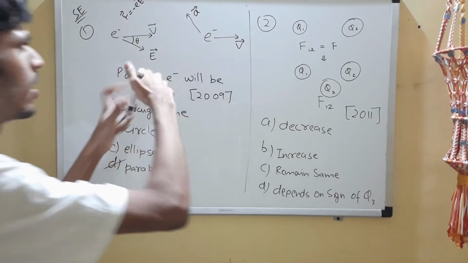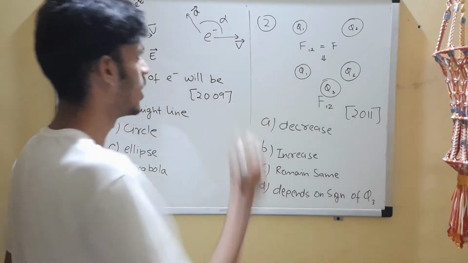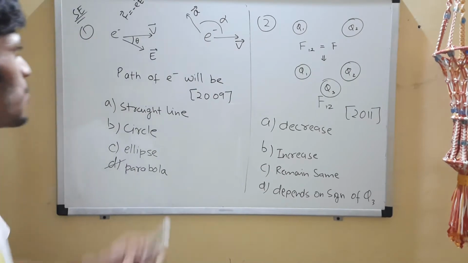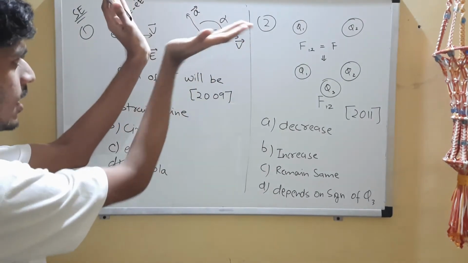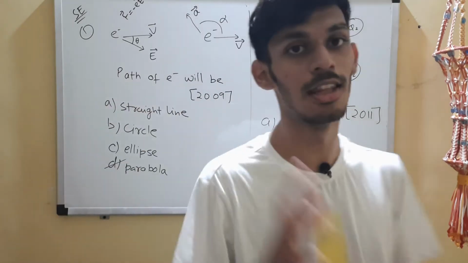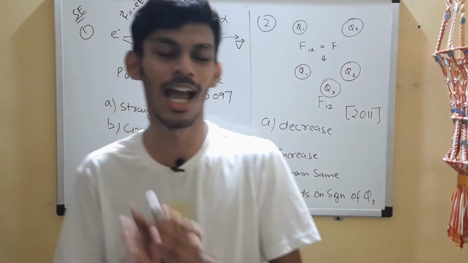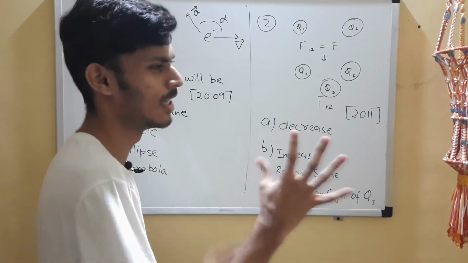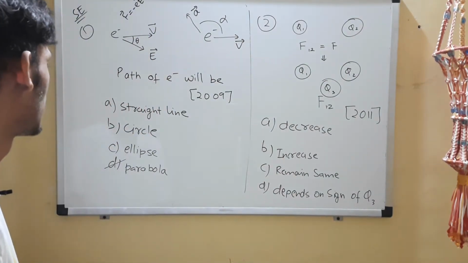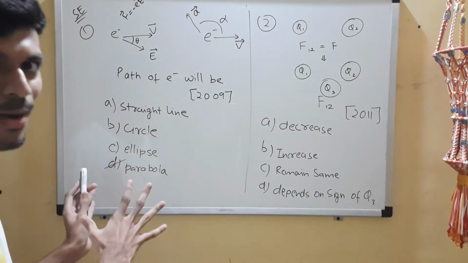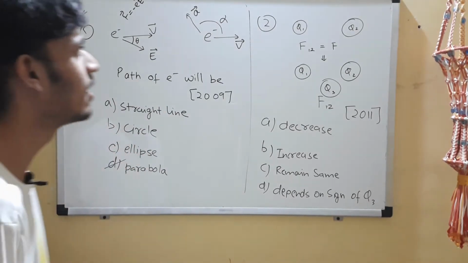You can see this alpha is not equal to 180 degree or 0 degree. So when the acceleration and initial velocity vector make an oblique angle with each other, the path is parabolic. I mentioned this in the very introductory lecture of motion in 2 dimensions. So here the path of this electron will be nothing but a parabola. So parabola, D, is the correct answer.